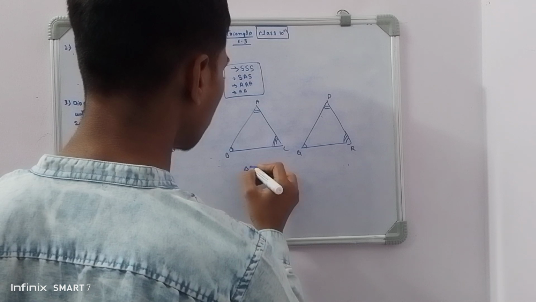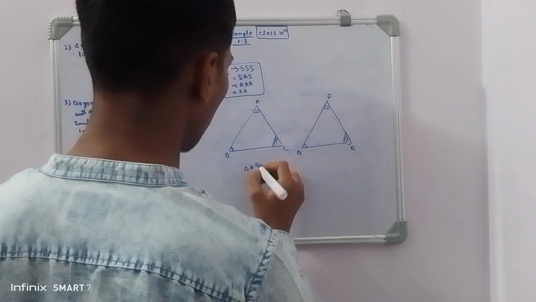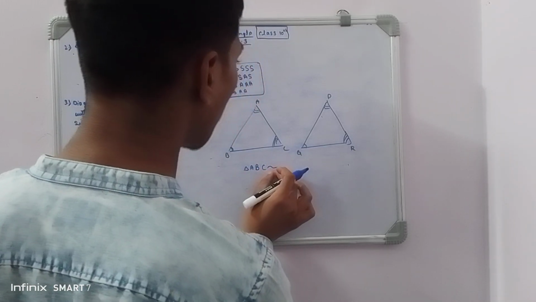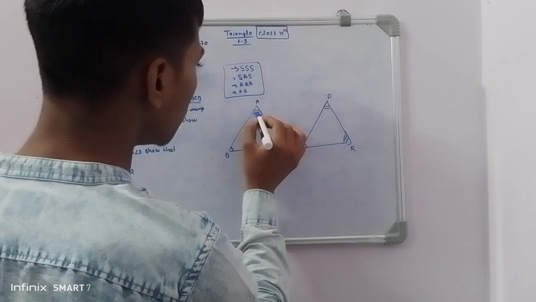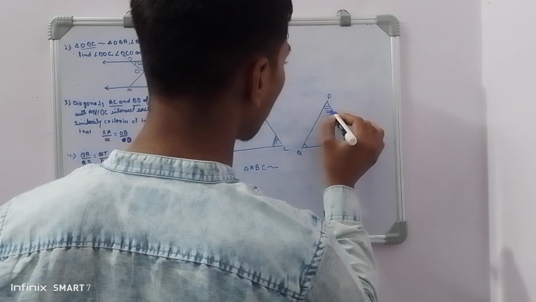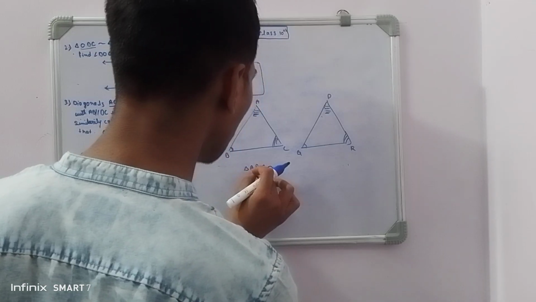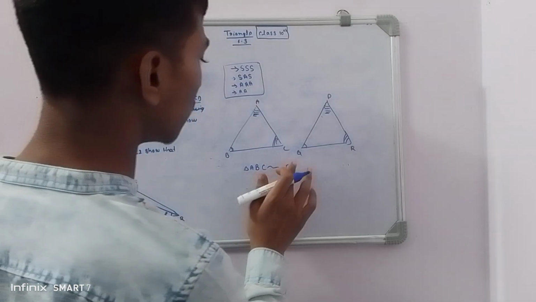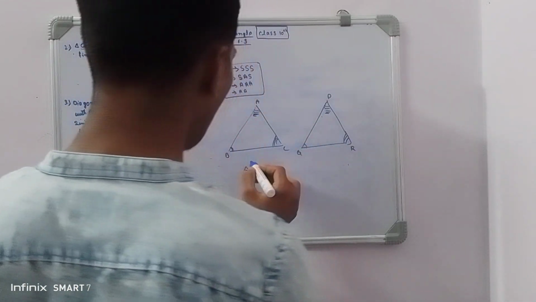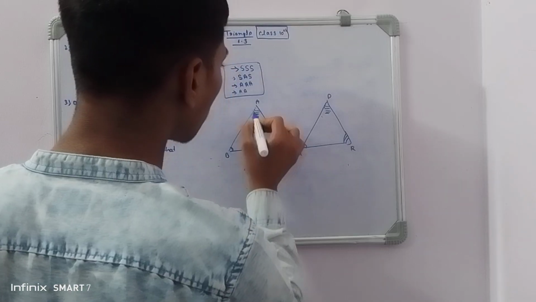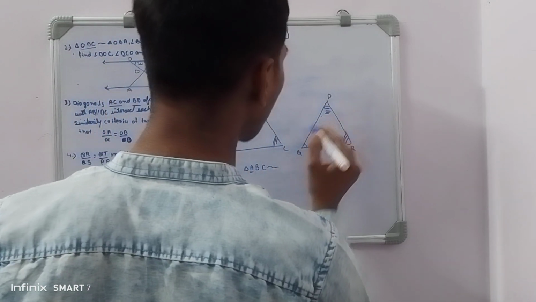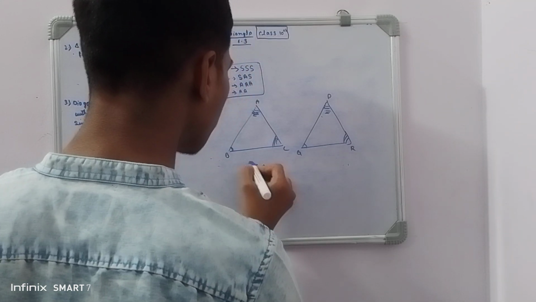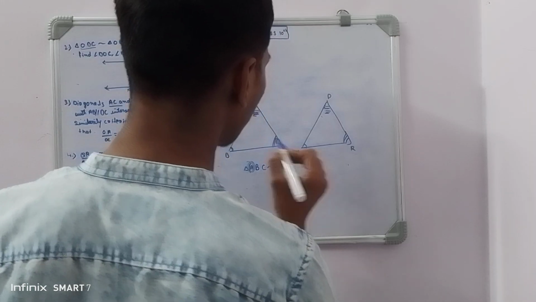So we could write like this: triangle ABC is similar to, this is the sign of similarity. As angle A is equal to angle P, and A is written at the first place, you have to write P at the first place.